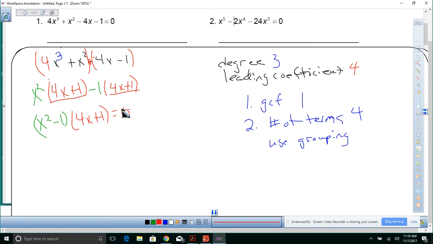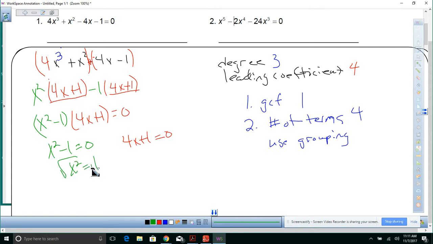Now we've got the factors, so to solve, we set these equal to 0. We've got x squared minus 1 equals 0, and 4x plus 1 equals 0. Let's add 1 to both sides. You got x squared equals 1.